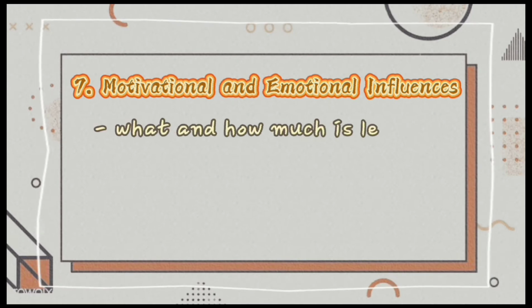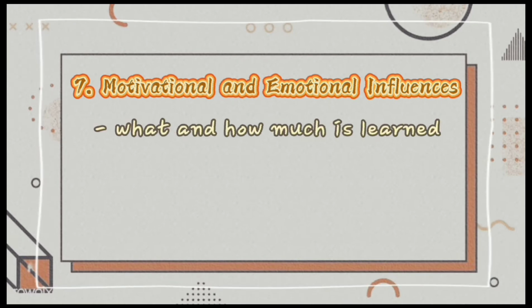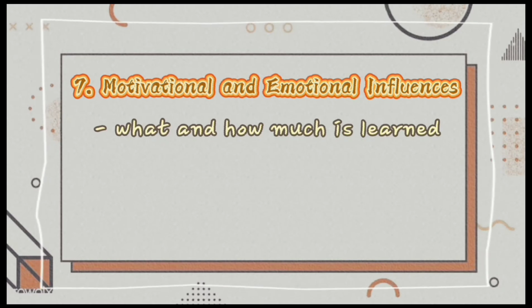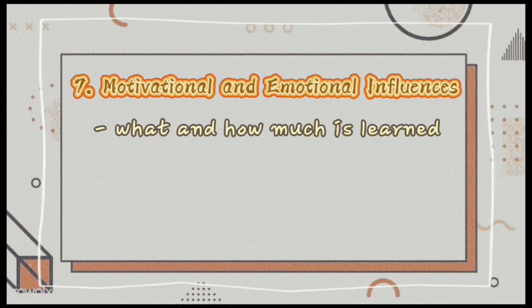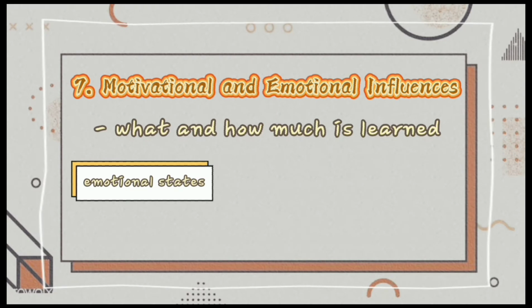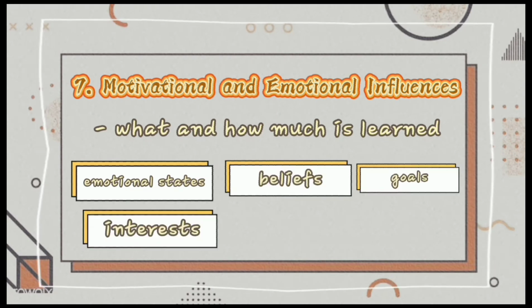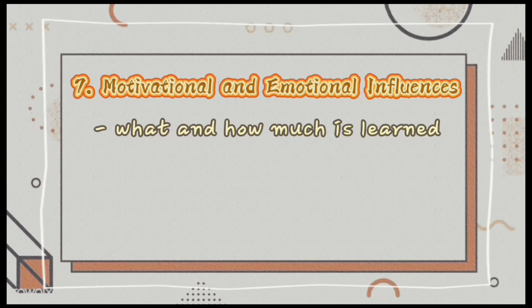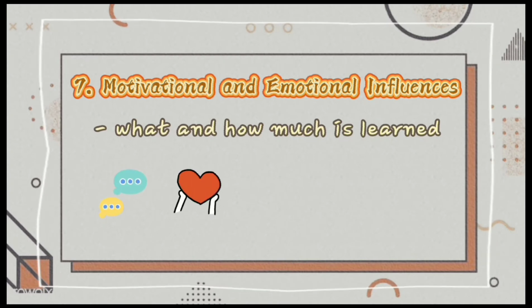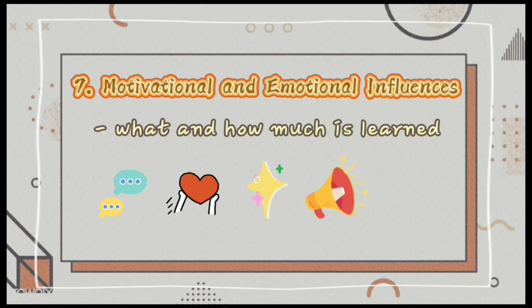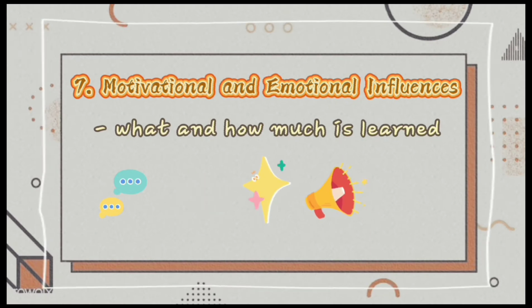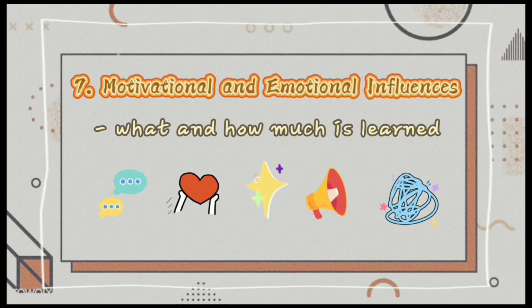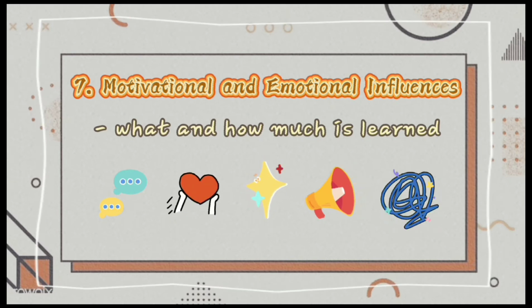What and how much is learned is influenced by the learner's motivation. Motivation to learn, in turn, is influenced by the individual's emotional states, beliefs, interests and goals, and habits of thinking. The rich internal world of thoughts, beliefs, goals, and expectations for success or failure can enhance or interfere with the learner's quality of thinking and information processing.